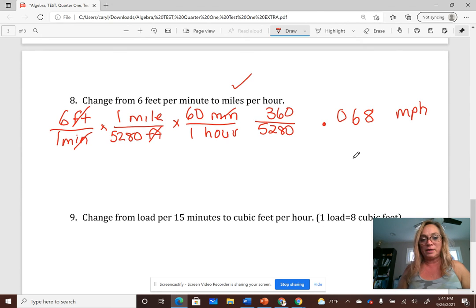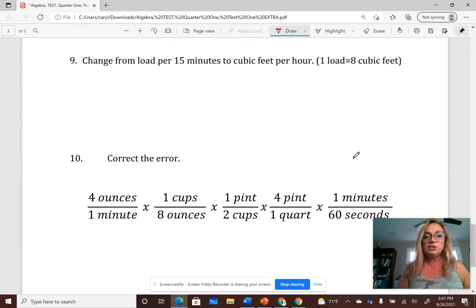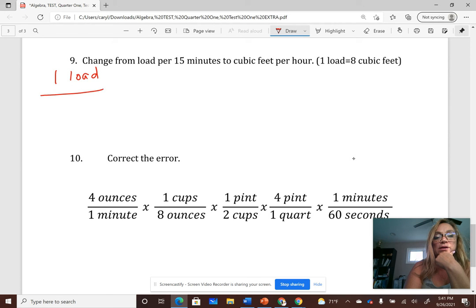All right, here we go. Change from one load for 15 minutes to cubic feet per hour. So one load in 15 minutes. So there is 60 minutes in 1 hour.